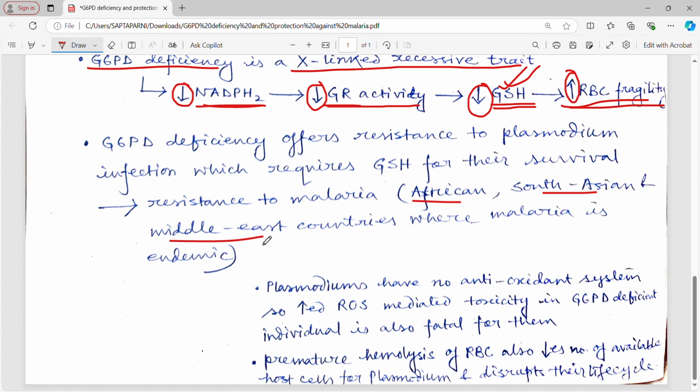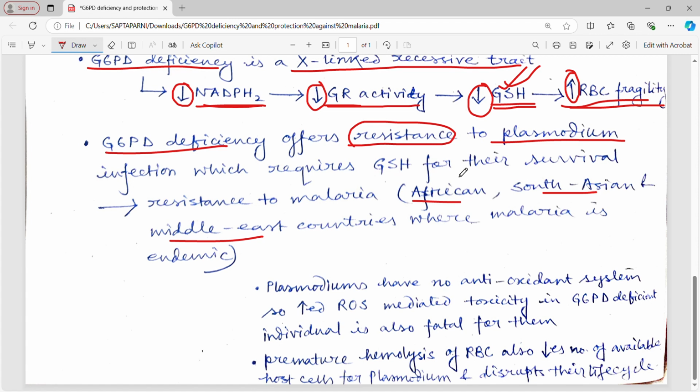Okay, and this G6PD deficiency offers resistance to the plasmodium infection, which is the primary cause of malaria in these countries. Okay, now you may ask me how G6PD deficiency offers resistance against plasmodium.